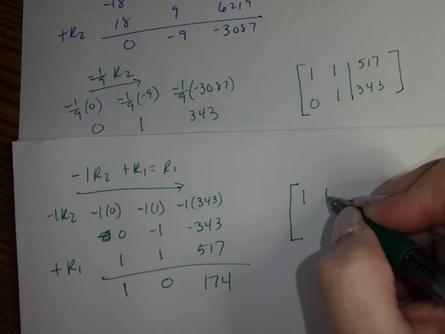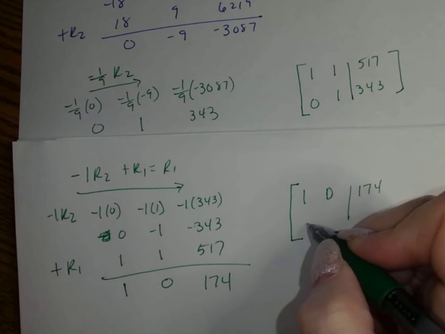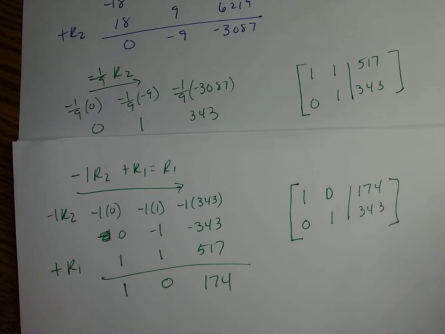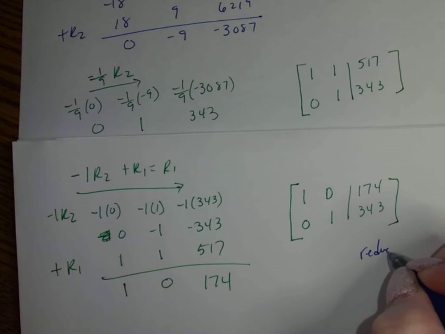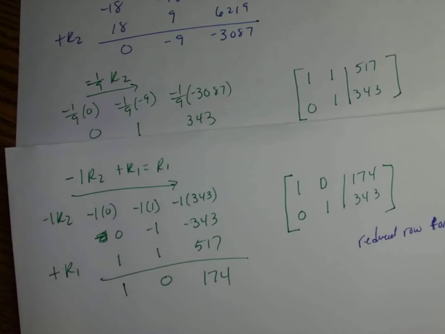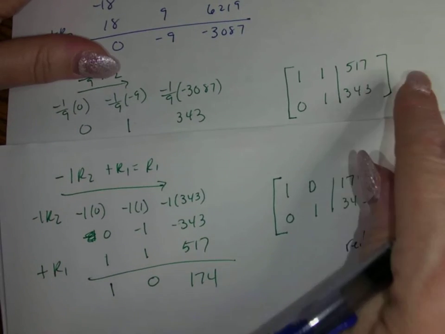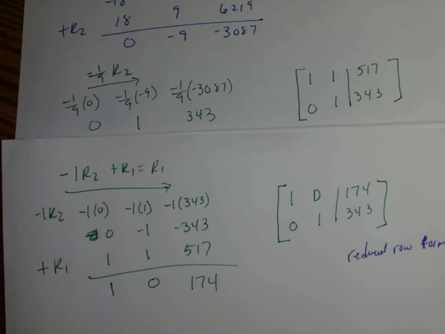Row 1 is now 1, 0, 174, and row 2 is 0, 1, 343. And just so you know, this is the reduced row echelon form, but that way you know why we did that. Otherwise, we could still solve with that. But I want you to know what you need to do to get there.